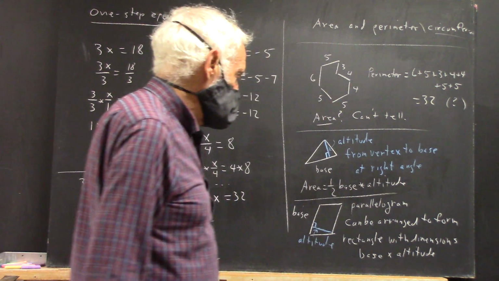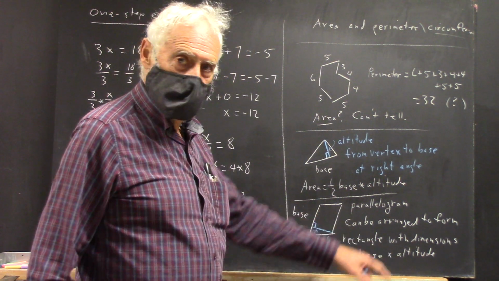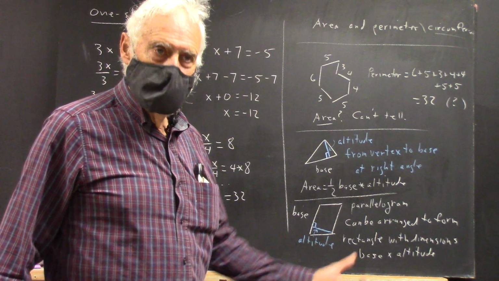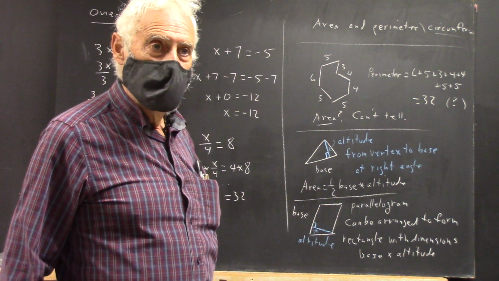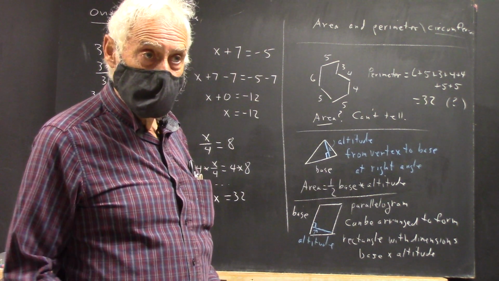And the dimensions of that rectangle would be base and altitude. The width would be the base, and the length would be the altitude side. Okay?